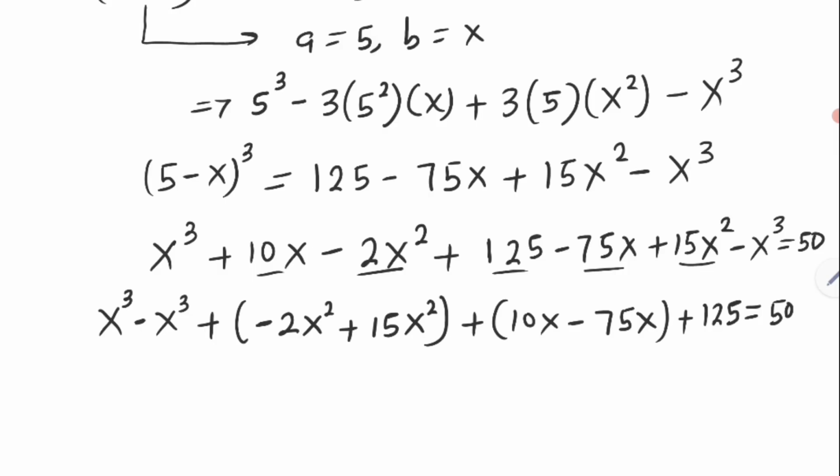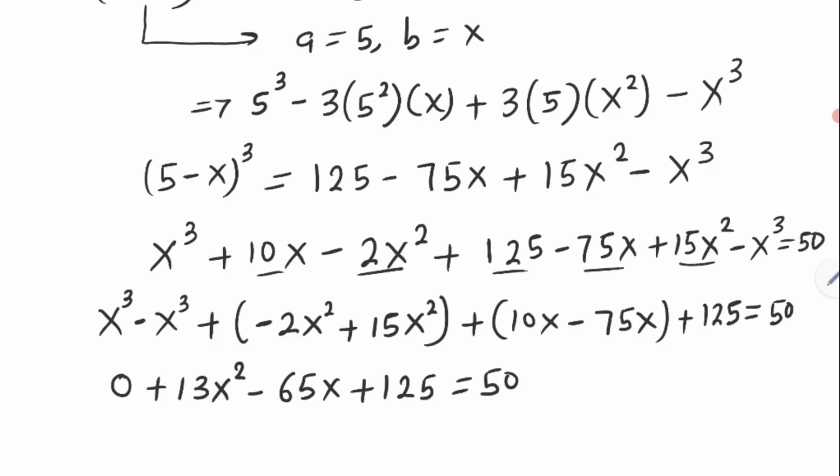Now here, x raised to power 3 minus x raised to power 3, this is 0. Then minus 2x square plus 15x square, this is plus 13x square. Then 10x minus 75x, that is minus 65x, plus 125 is equal to 50.